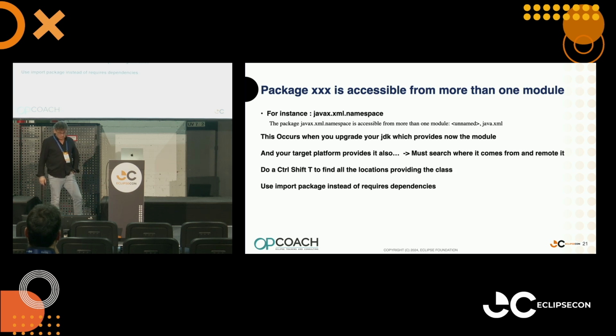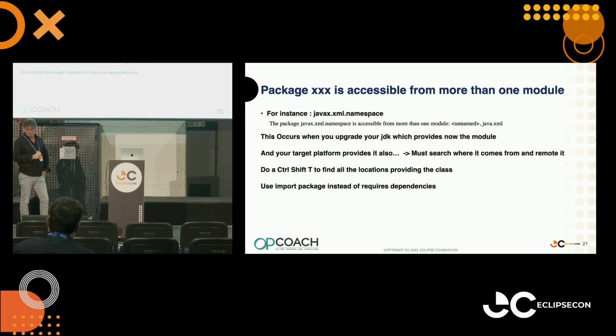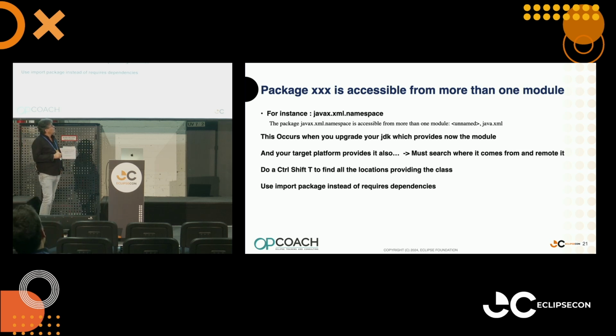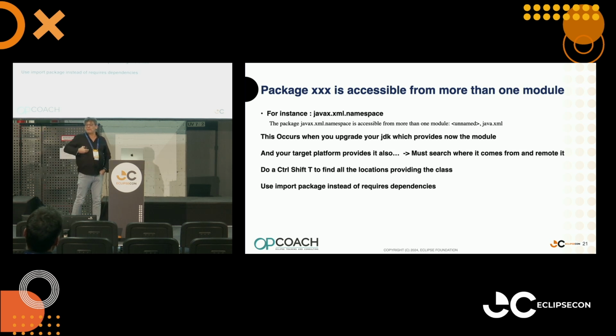In this case, actually, what does it mean? It means that in your target platform here, you have a module whose name is Java XML that is actually provided by the JDK. And I think since JDK 17, you have this package provided by default.